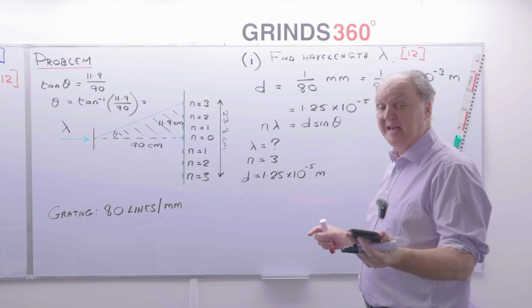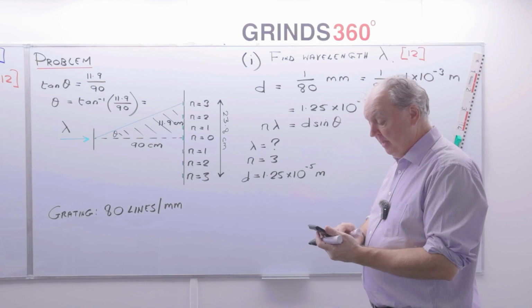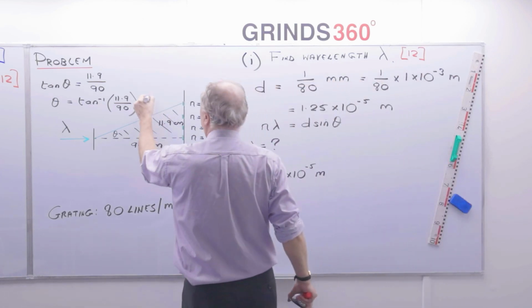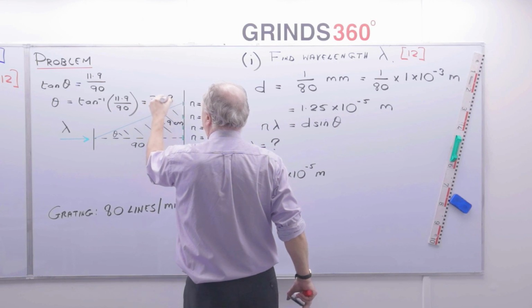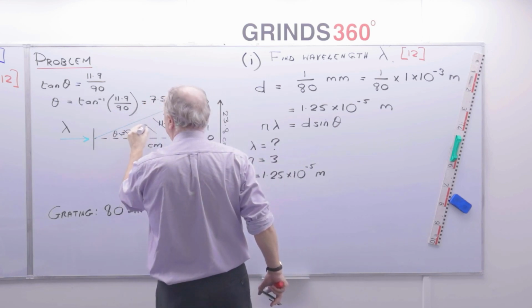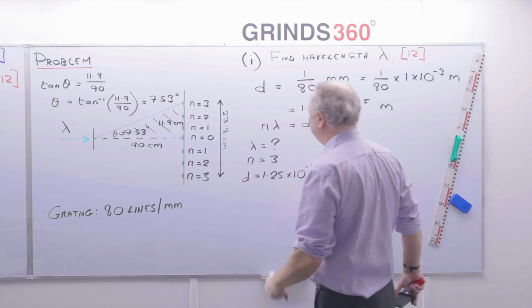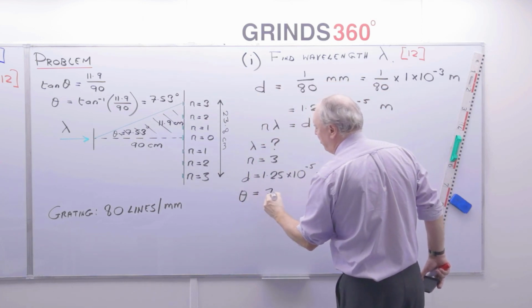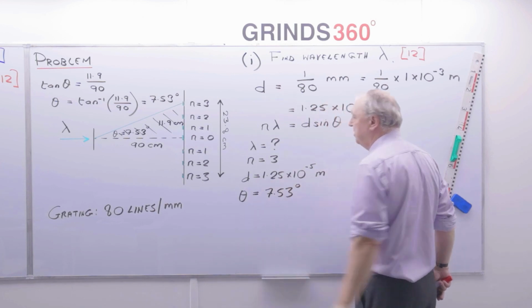You can be doing this calculation as I do it. And I get, say, 7.53 degrees. So that angle is 7.53 degrees. So now I have another bit of my formula: theta is 7.53 degrees.